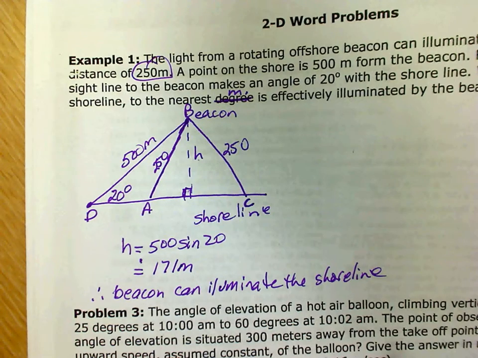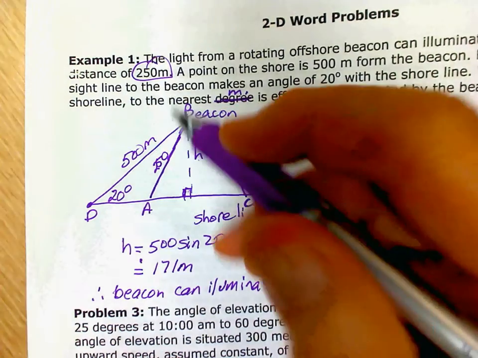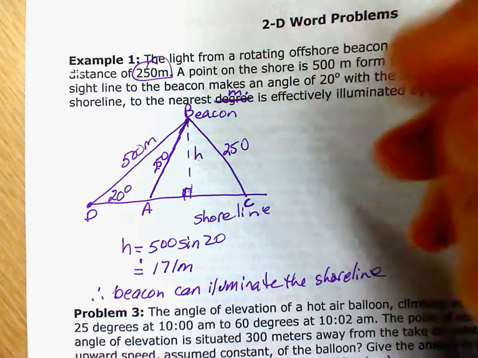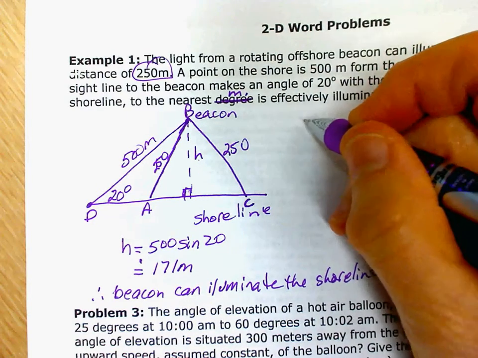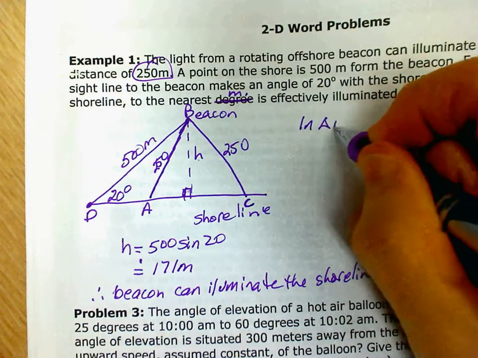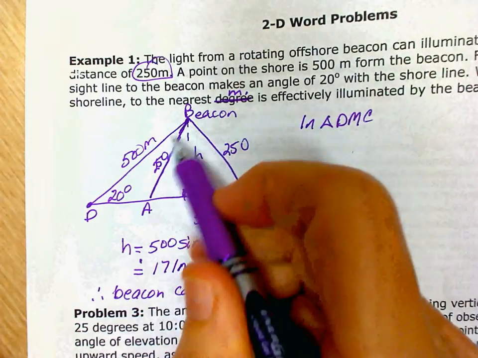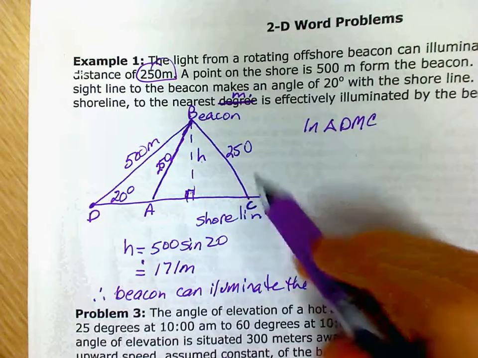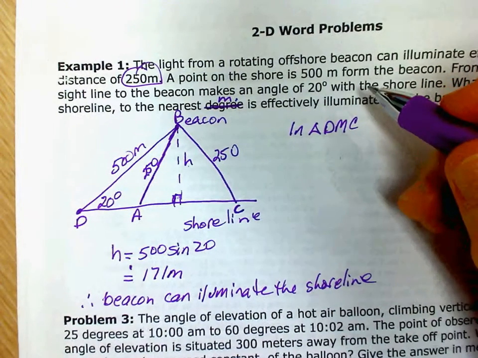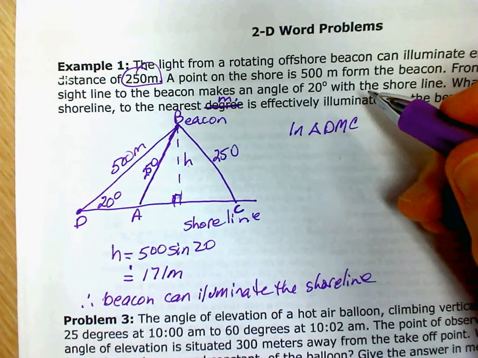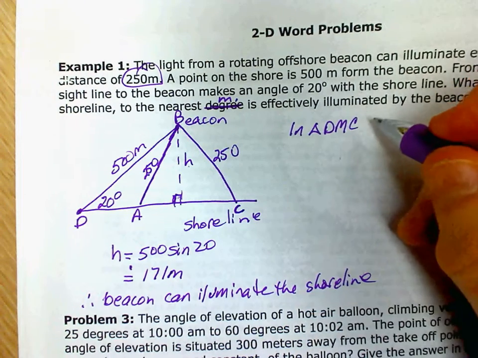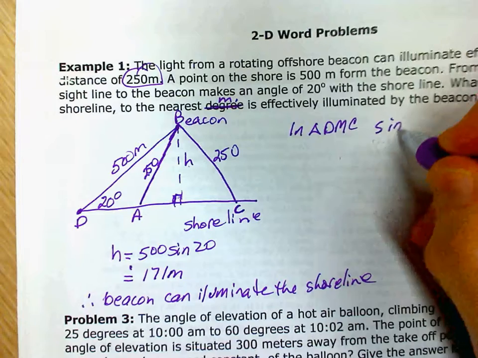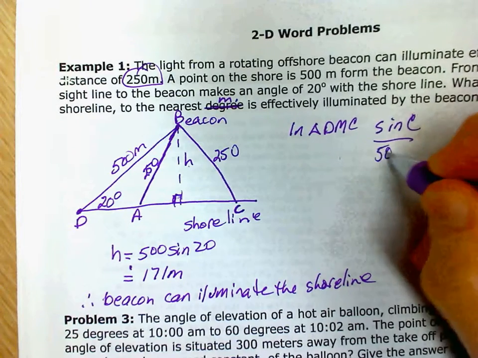Okay, so why don't we calculate in triangle DBC. So focusing on this triangle here so there's no confusion, we can say that sine of C over 500, right?